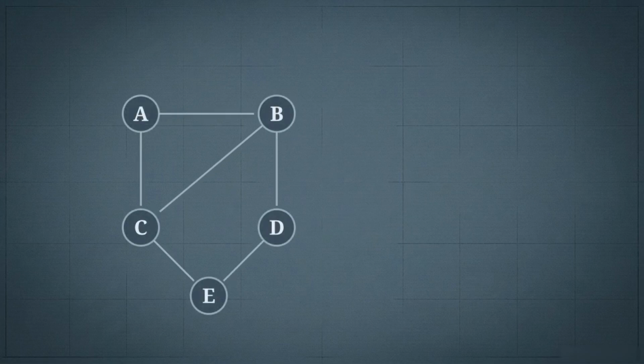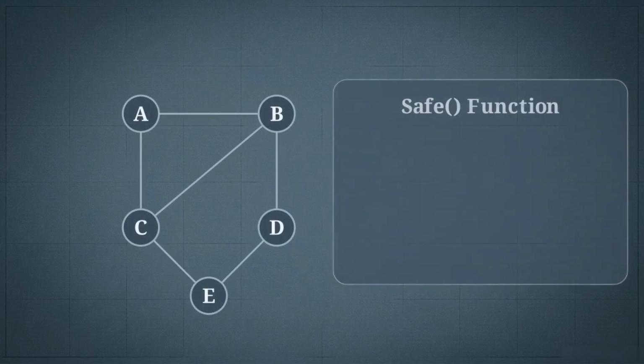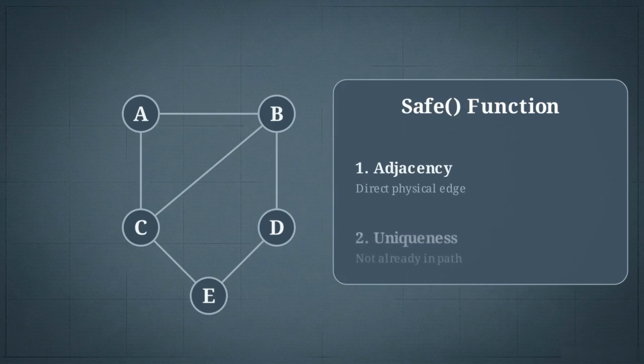We can apply this logic to a 5-node graph. The system uses a gatekeeper called the safe function to evaluate every potential move before committing to it. The first condition is adjacency. The next node must share a direct physical edge with the current one. Second is uniqueness. The next node must not already exist in the path. From node A, moving to E is rejected because there's no direct edge.